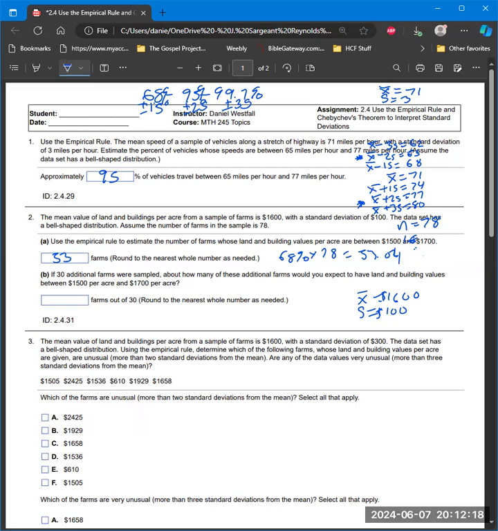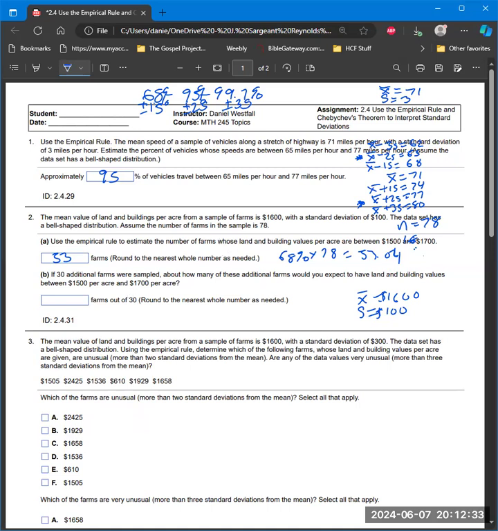If 30 additional farms were sampled, about how many of these additional farms would you expect to have land and building values between those same values?